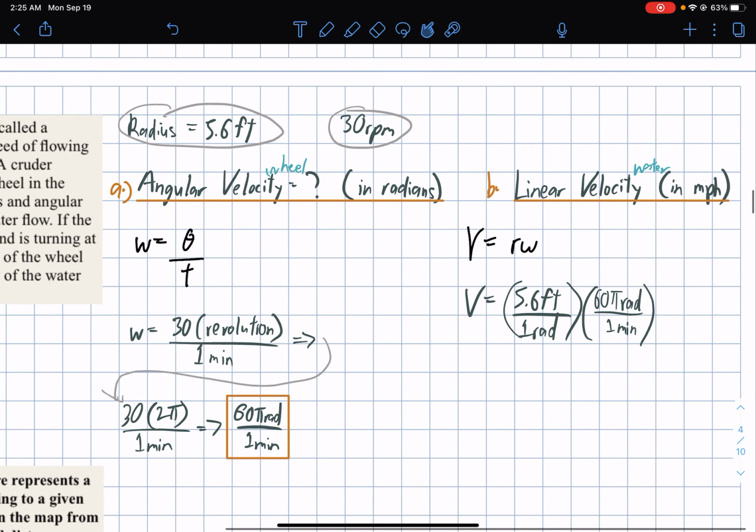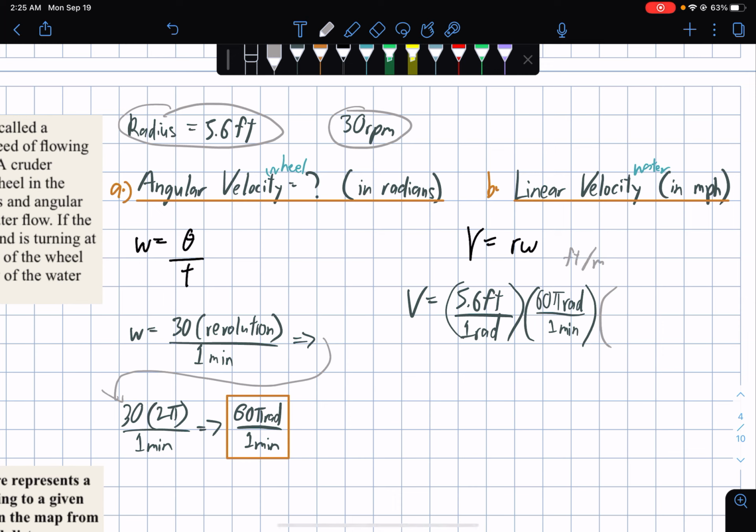So we convert from feet per minute to miles per hour. 1 mile is how many feet? 5,280 feet. I hope I'm not wrong. I'm pretty sure this is the number of feet in 1 mile. And 60 minutes is 1 hour.